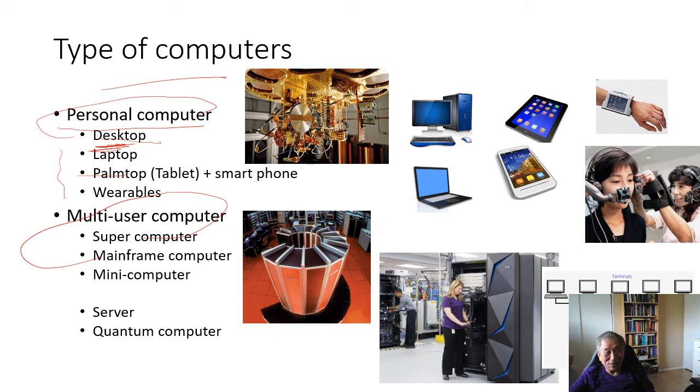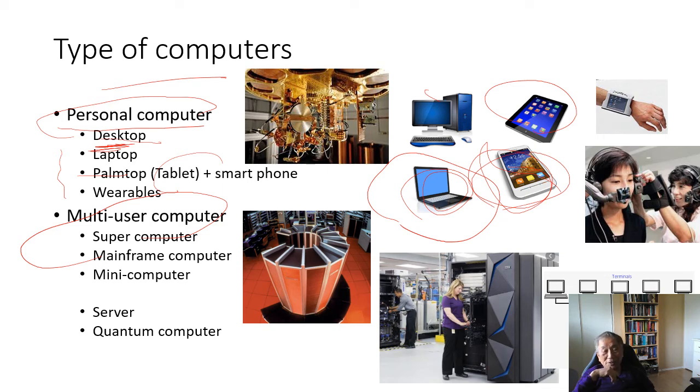Then a laptop is small enough to be on your lap. Then this one is so small that you don't need your leg or lap, just your palm, your hand, good enough. So a palm top can be either a tablet like this or the smartphone.